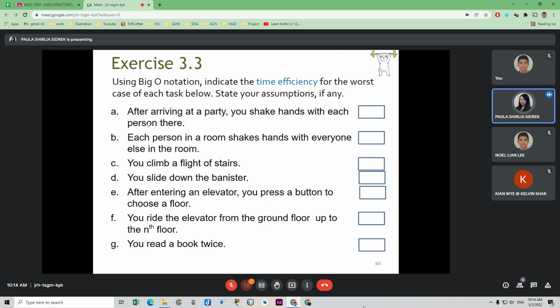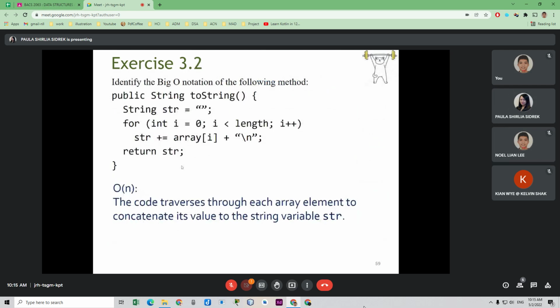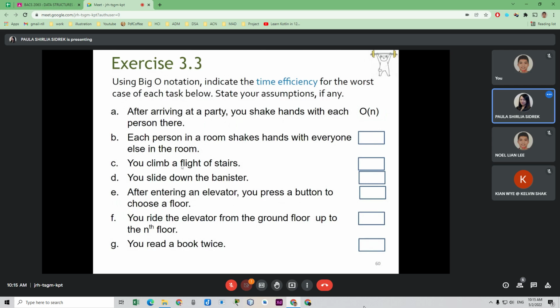All right, now let's see. A, after arriving at the party, you shake hands with each person there. What is this? Which one of that big O notation can you get there to be represented at? Big O of N. Yes.